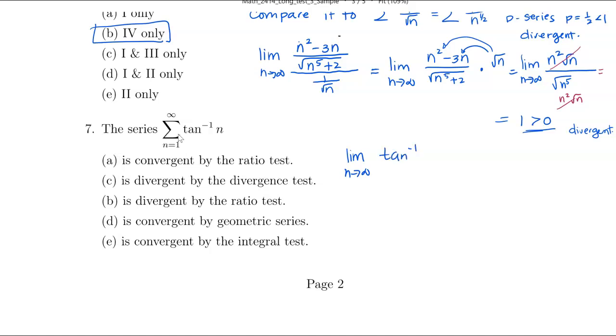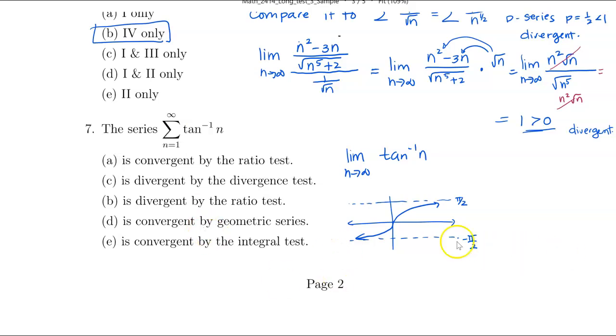A sub n here is tangent inverse of n. Now, take the limit of that. Now recall that the graph of tangent inverse looks like this. So this is pi over 2 and negative pi over 2.